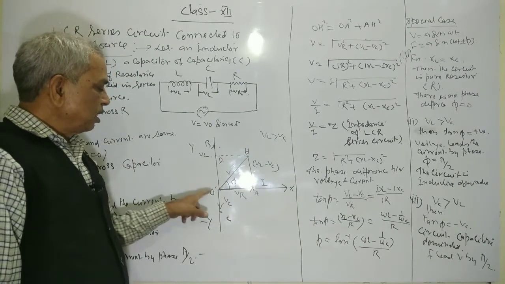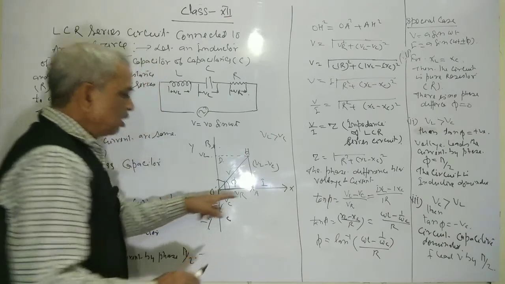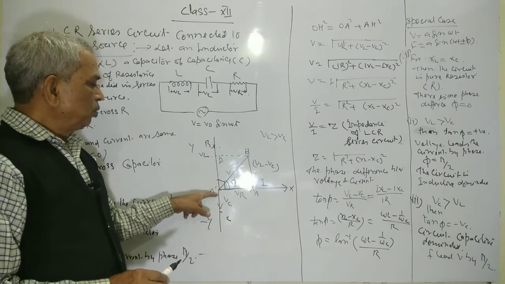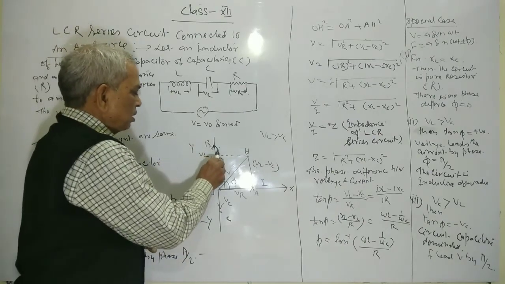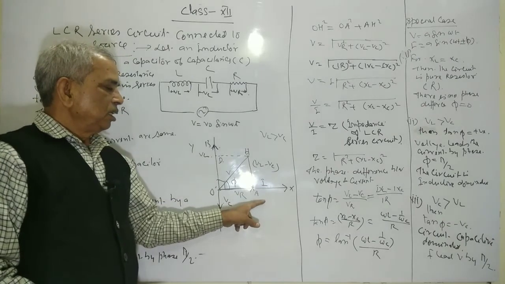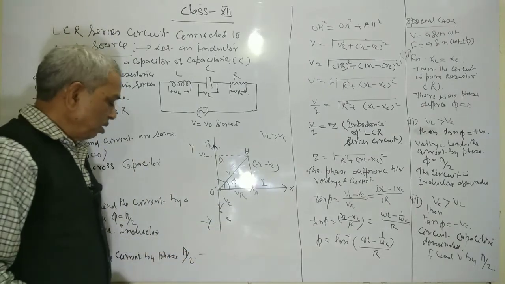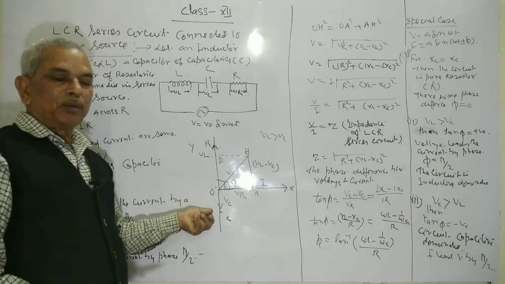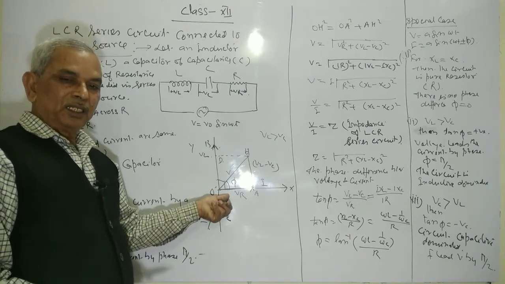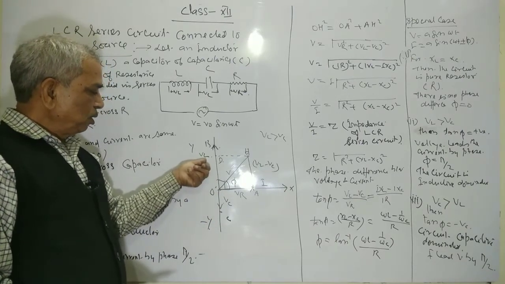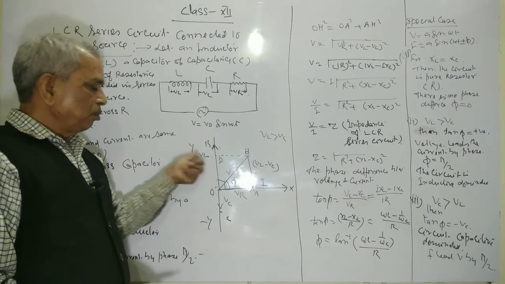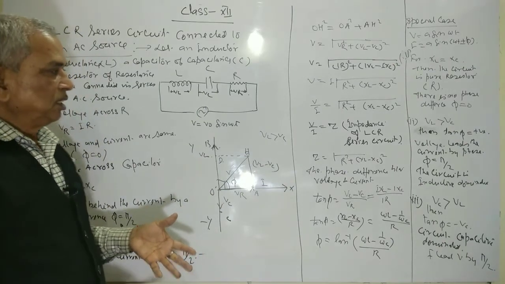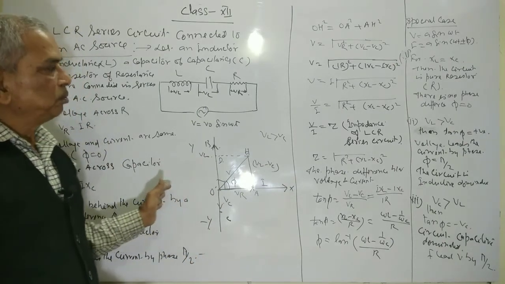In case of the inductor, voltage leads the current by 90 degrees. But in case of capacitor, current leads the voltage by 90. So voltage across the inductor and voltage across the capacitor are out of phase. There is a phase difference of 180 between these two.